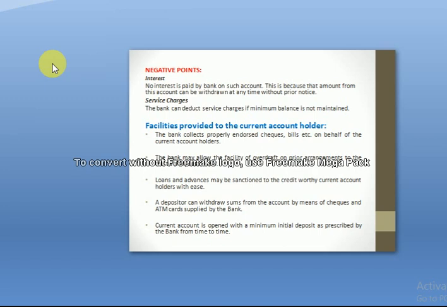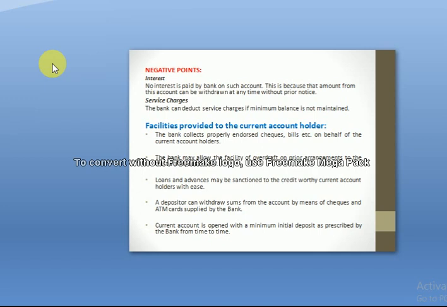So, we also have other disadvantages or negative points in this account. There is an opportunity cost of losing interest due to low or zero interest on money in current accounts.